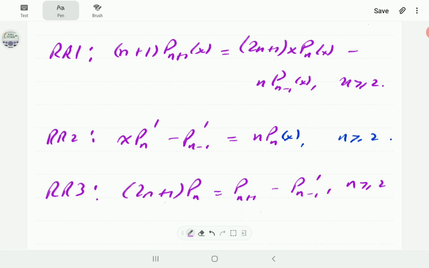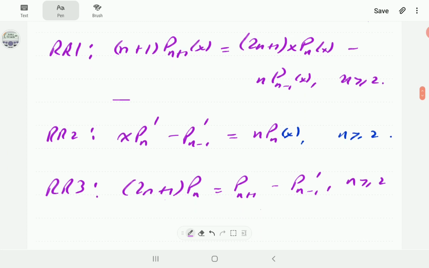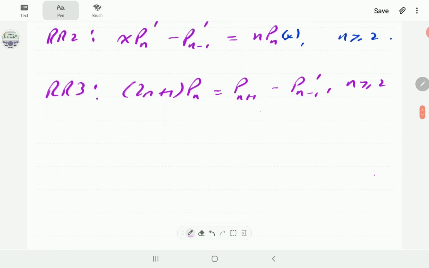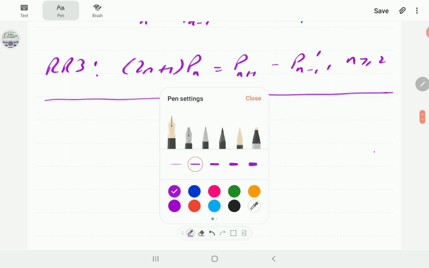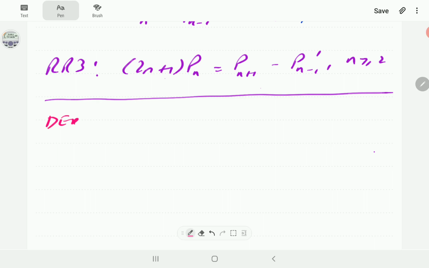Okay, now we're going to see how the recurrence relation 1 can be derived. So in the next section, we're going to look through a derivation of recurrence relation 1.